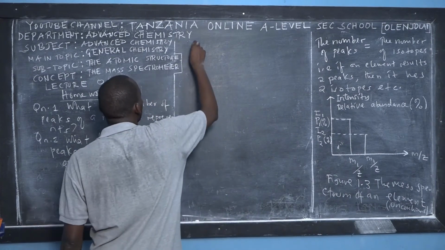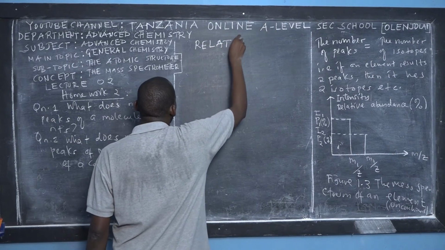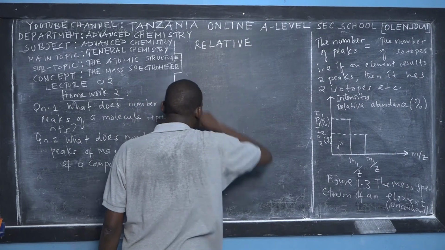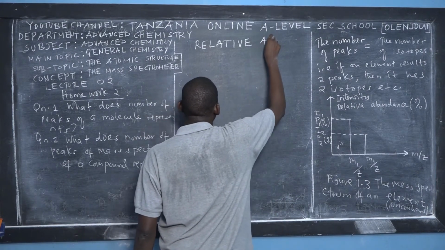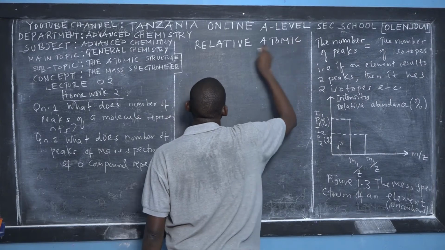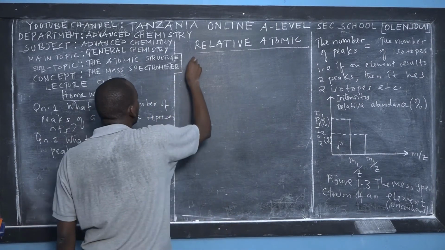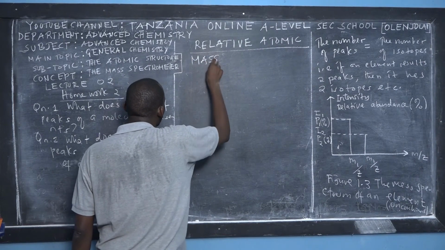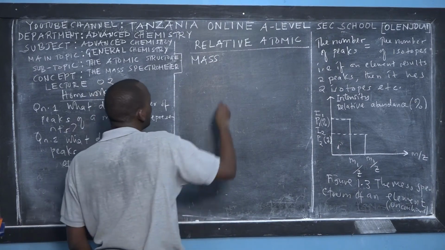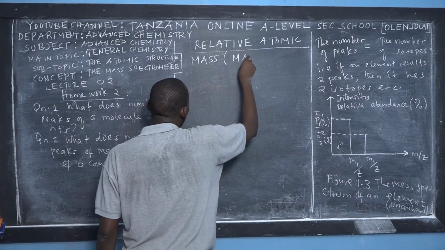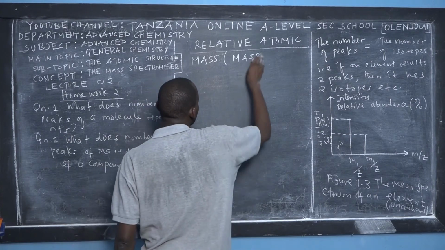Before we go to this subject, let me remind you, you learned the concept of relative atomic mass firstly when you were in O-level studies. And now let me remind you of its meaning, because we are going to spend the rest of this session on discussing it.